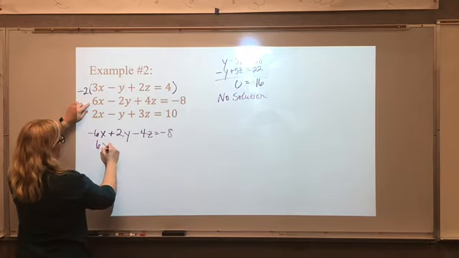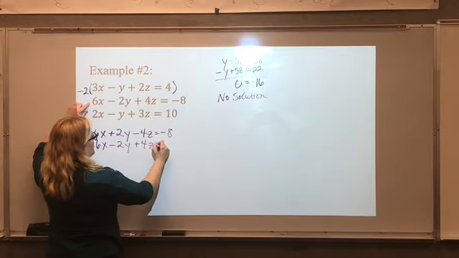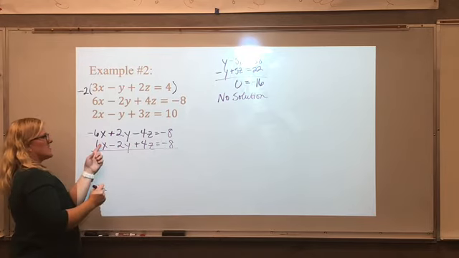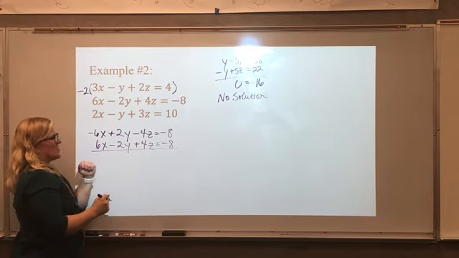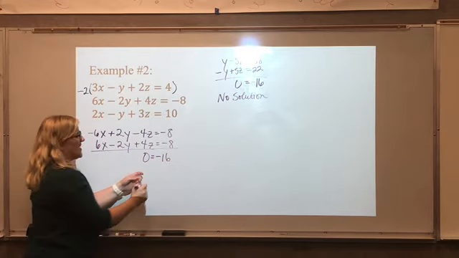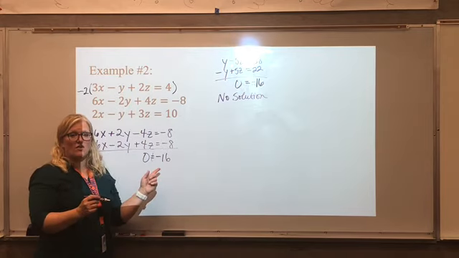And then here I have just the regular equation. I didn't have to do anything to it. Well, look. My x's are eliminated, my y's are eliminated, my z's are eliminated. I get 0 equals negative 16, and that time I got it right at the very start of the problem.